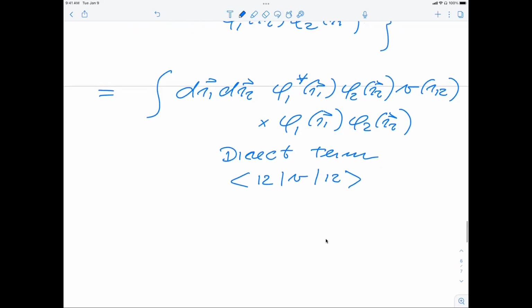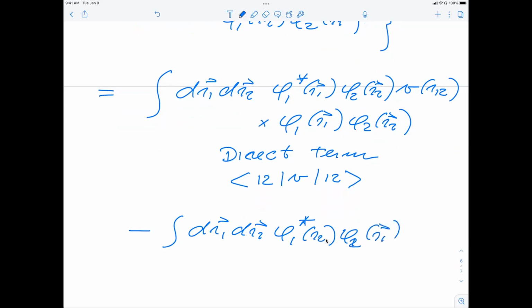And then we have the second term, which is now given by dr1, dr2 here, of phi1 of R2, phi2 here of R1, multiplied with V R1,2, and this is again multiplied with phi1 of R1, phi2 of R2 here.